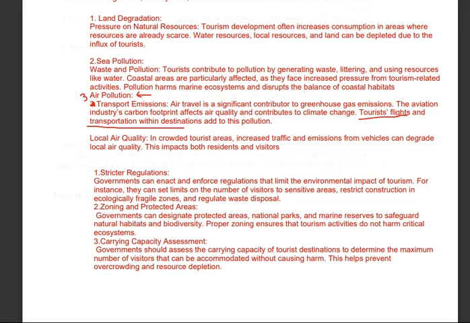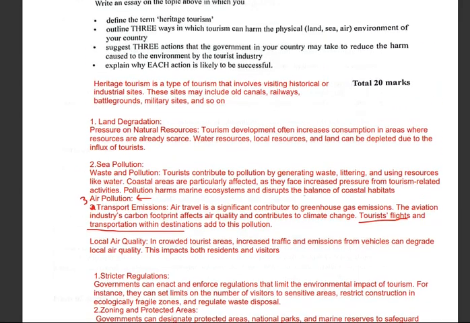Alright, so this also helps to prevent overcrowding and resource depletion. So the government could have some measures in place to ensure everything is running smoothly, and we are not having any overcrowding that would harm the environment by the tourist industry.